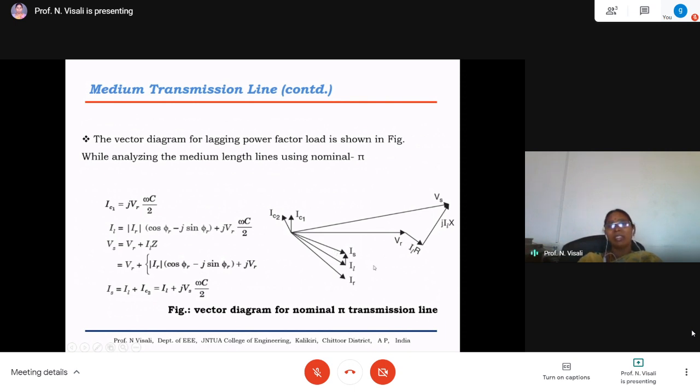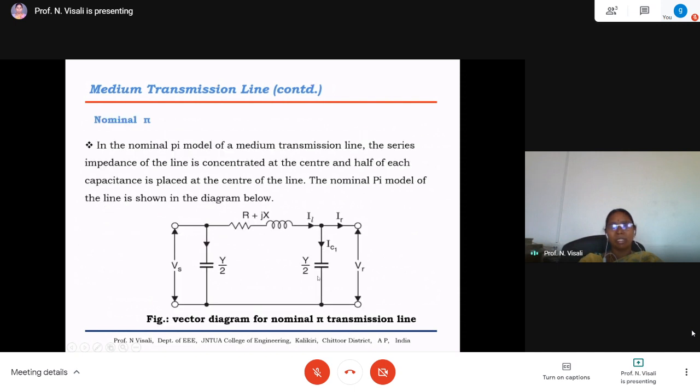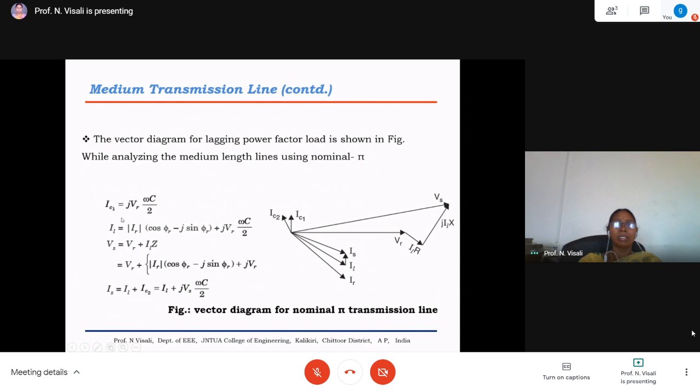Again in the phasor diagram we see that IC1 is nothing but j times VR omega C by 2. Similarly IC2 is the same, Vs into omega C by 2.